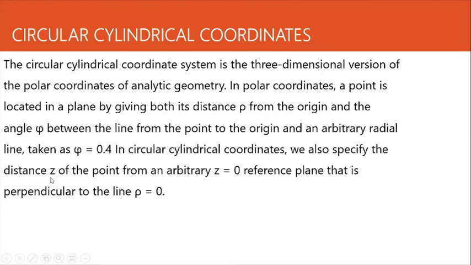Okay, meron din tayong distance z doon ang ginagamit of the point from arbitrary. Usually, sa susunod na lecture natin, magkakaroon tayo example dyan. Usually, yung distance z natin of the point from arbitrary is usually ang say natin is equal to 0 kasi it is the reference plane that is perpendicular to line rho equal to 0.